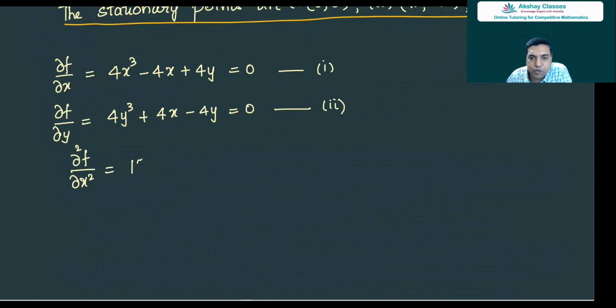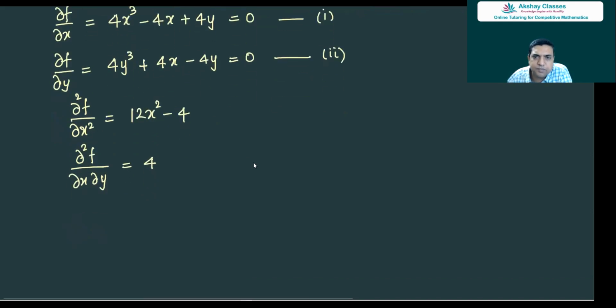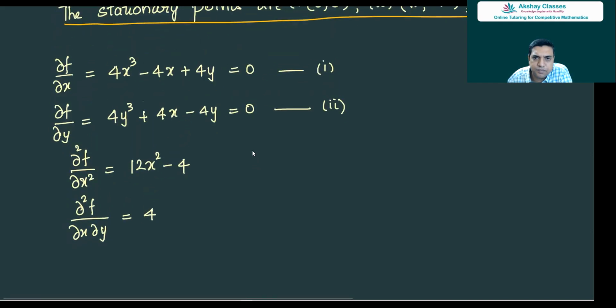Differentiating twice, we get 12x square minus 4. And the mixed derivative, d square f by dou x dou y, differentiating with respect to y, we get 0. No, with respect to x, yes, we get 4.